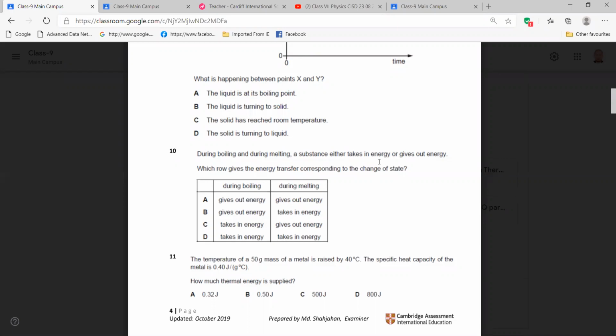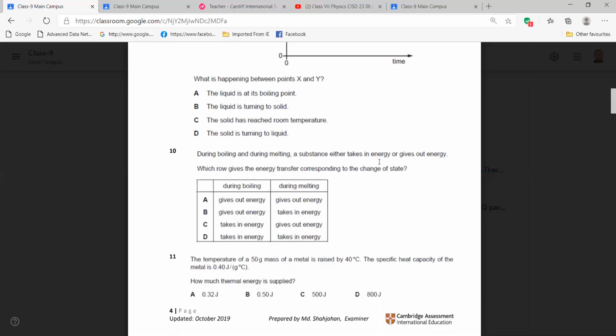Which row gives the energy transfer corresponding to the change of state? That means energy will be taken or energy will be given out. So it will be A, sir.